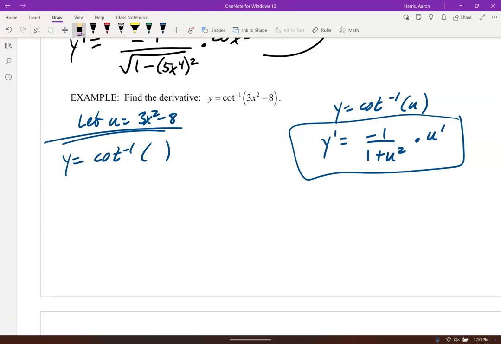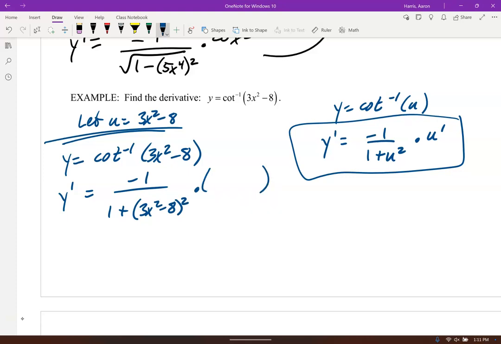Let's go ahead and do it with 3x squared minus 8 in for the u. So I got the y prime would be negative 1 over 1 plus u squared times the derivative of u.